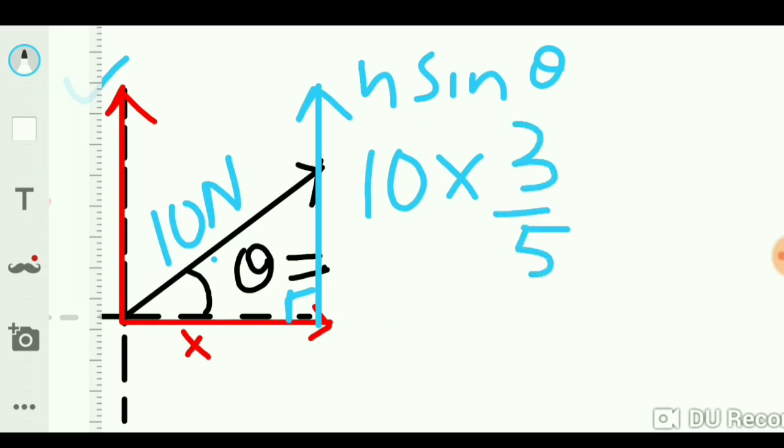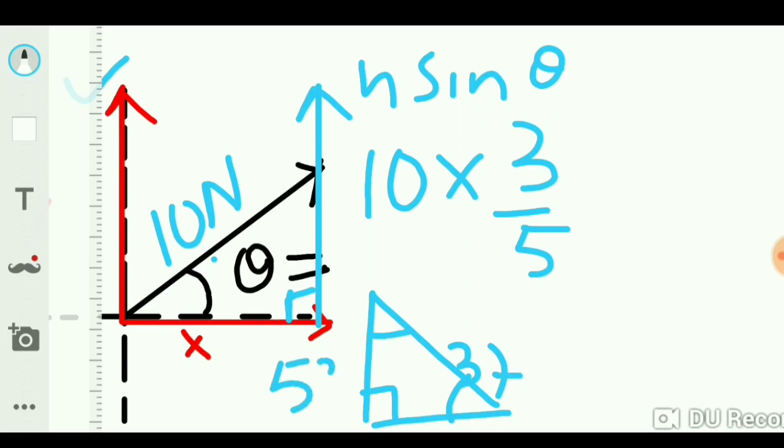That's because if you draw a triangle with the angles 37, 90 and 53, the sides will always be in a ratio of 3, 4 and 5. 3 being the perpendicular, which is when theta is 37, that means the side opposite to 37 will always be 3 and the side adjacent to 37 will be 4 and the hypotenuse will be 5.